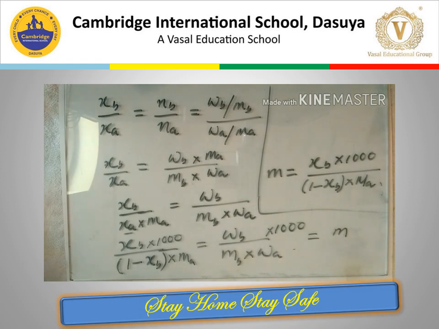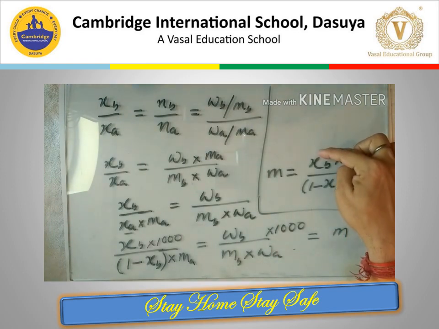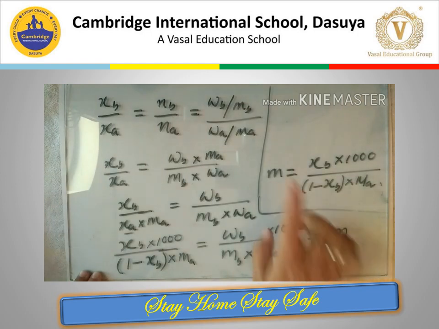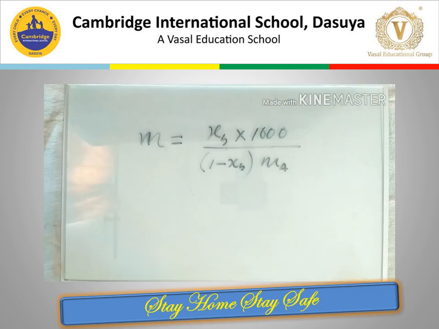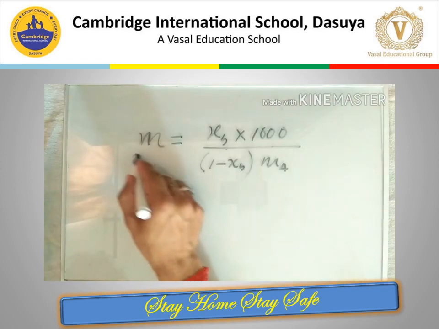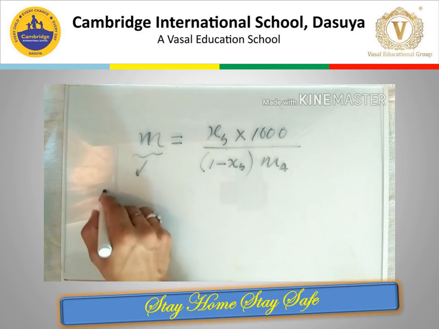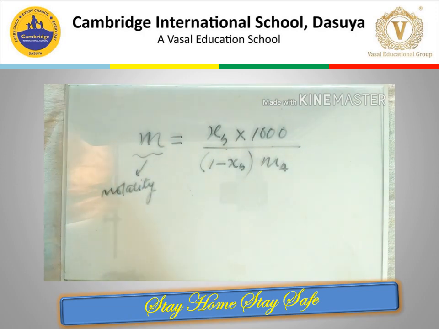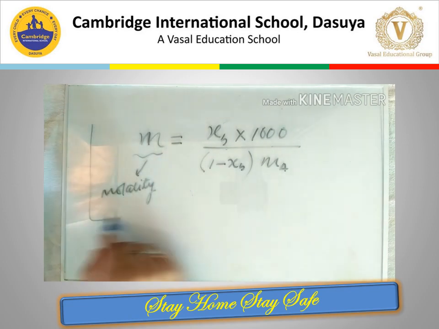So if the mole fraction of the solute is given and we know the molar mass of the solvent, then from this relation we can easily find out the molality. Molality and mole fraction, they are related by this relation.